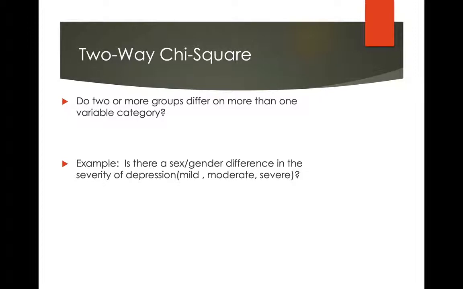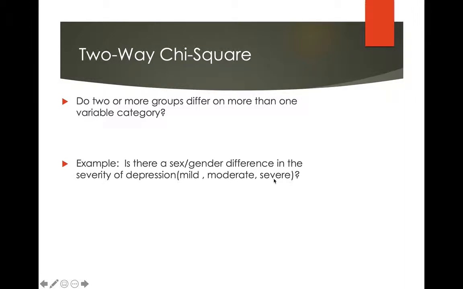In the previous example, we were simply looking at the frequency of depression, yes or no. So that is one category. However, in looking at the severity of depression, we have three independent categories: mild depression, moderate depression, and severe depression.